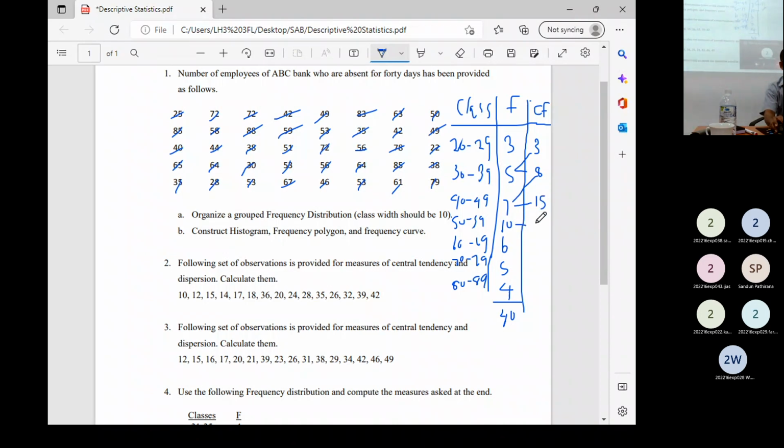Next 10, 25. Next 6, 31. Next 5, 36. Then 4, 40. Cumulative frequency distributions.